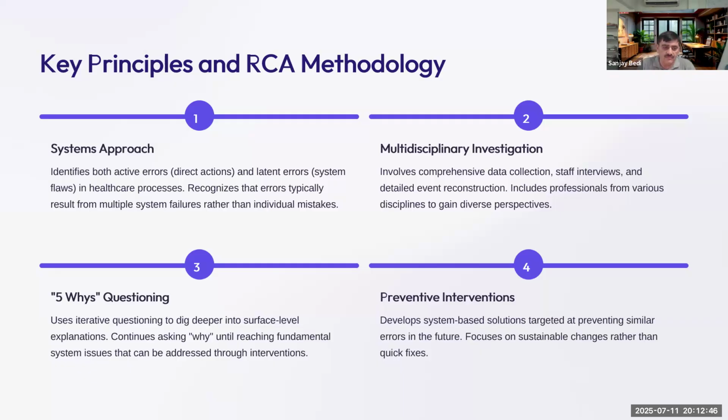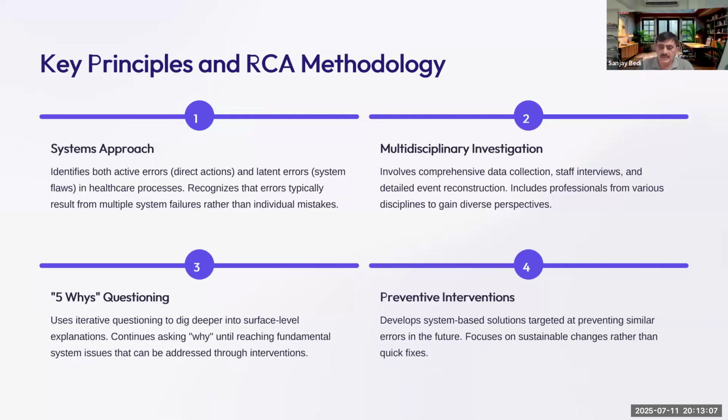Or there are 5 whys of questioning. And in this, we continuously ask, why did this occur? 5 possibilities. Then another deeper why. Why? We go on asking deeper and deeper why. And then we address why this is occurring.